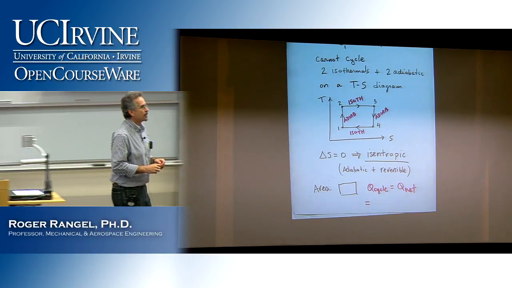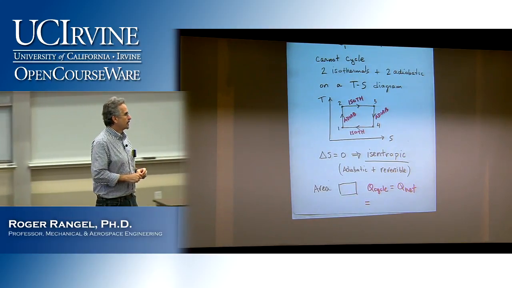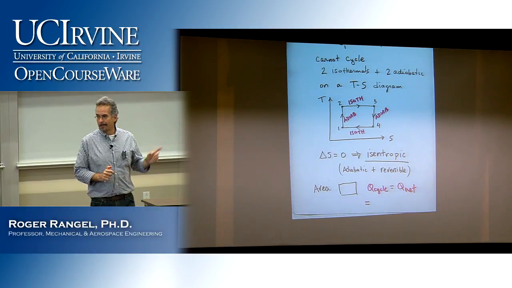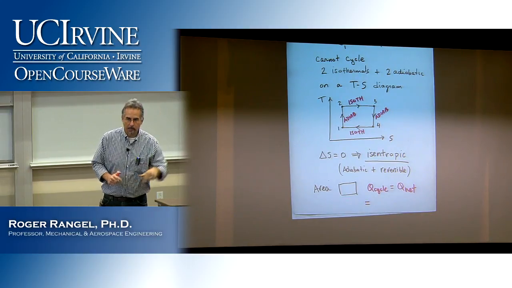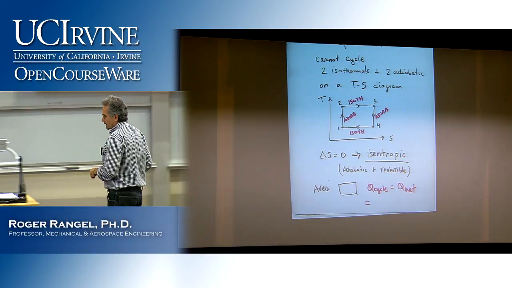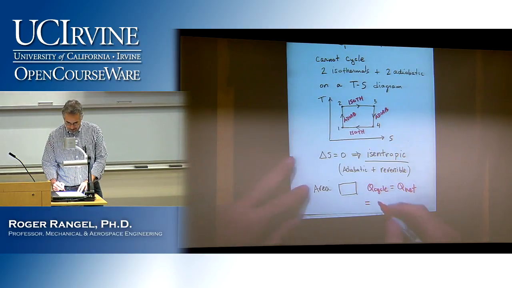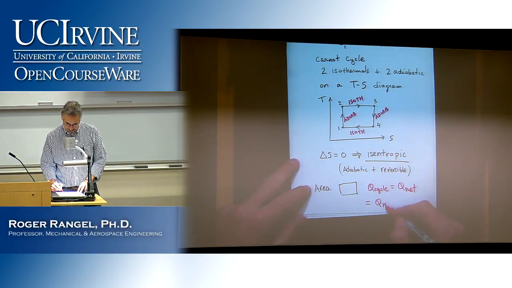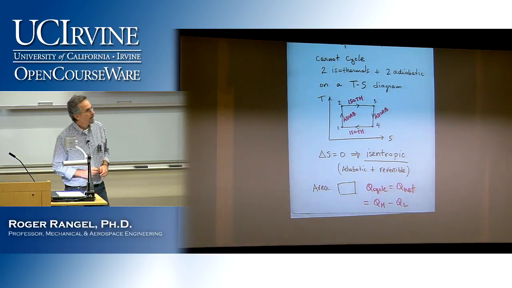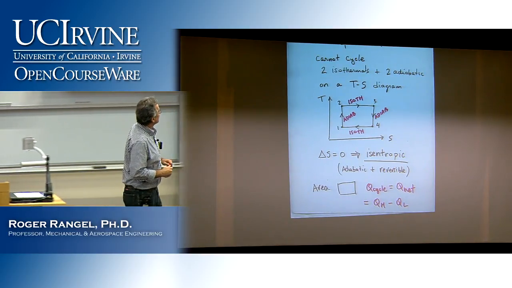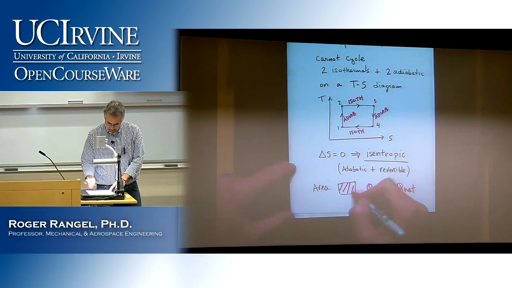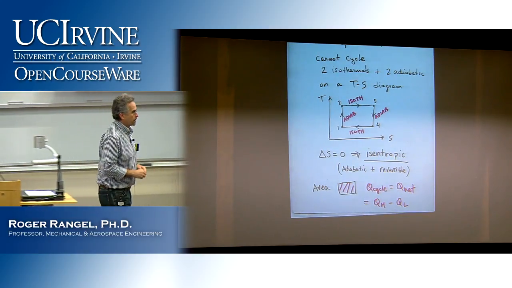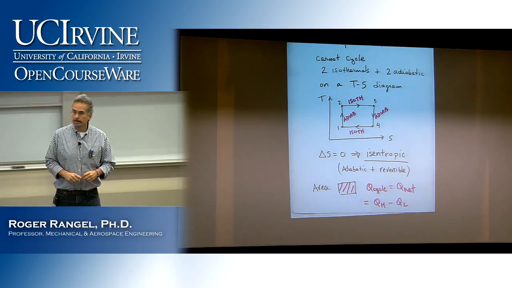What is Q cycle or Q net? That's true, but in terms of the high temperature Q and the low temperature Q, that box, that area in the box represents the cycle work, which is QH minus QL.